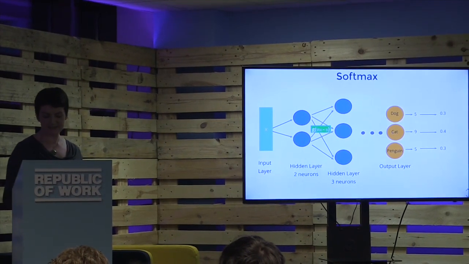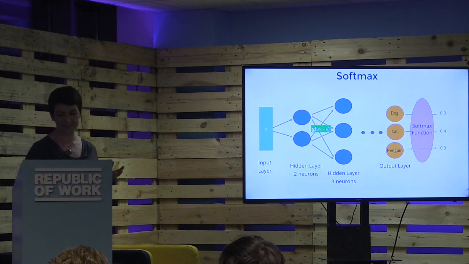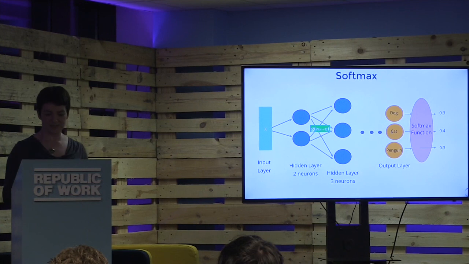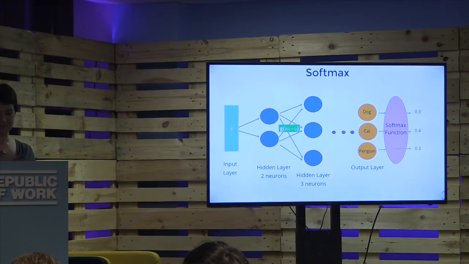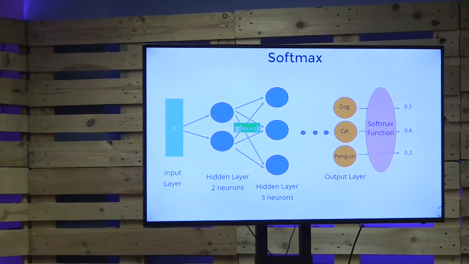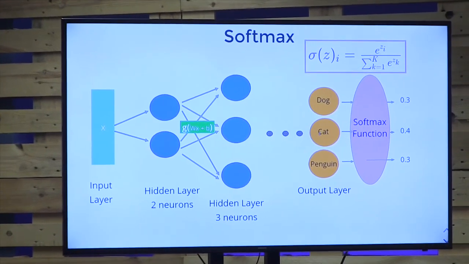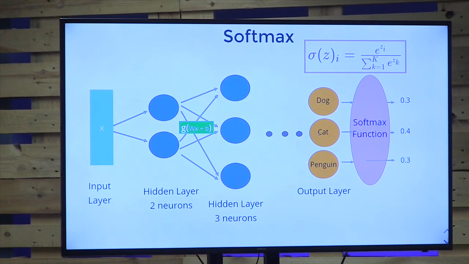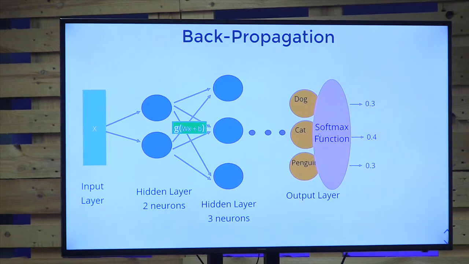And so we add in a function called softmax, and all you really need to know about the softmax function is that it turns this pile of numbers into a pile of probabilities. So the bigger numbers get mapped to higher probabilities, essentially. There is a formula for softmax for anybody who's that way inclined, but you don't need to know this technically speaking. It's all pre-programmed for you in TensorFlow, but it's just good to know that that's what the softmax function is doing.